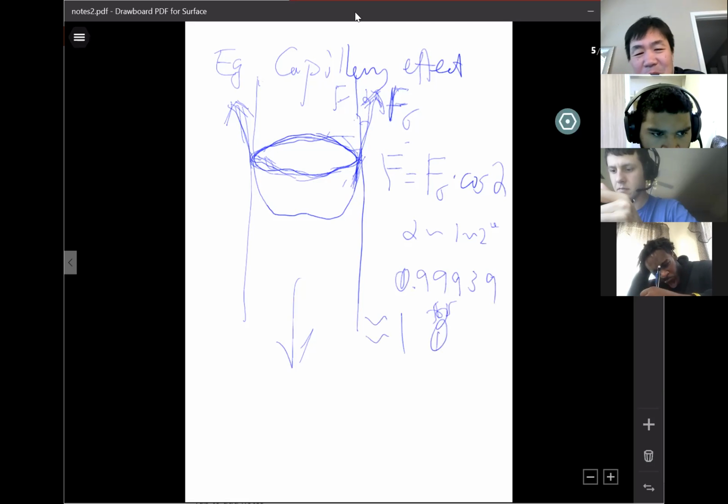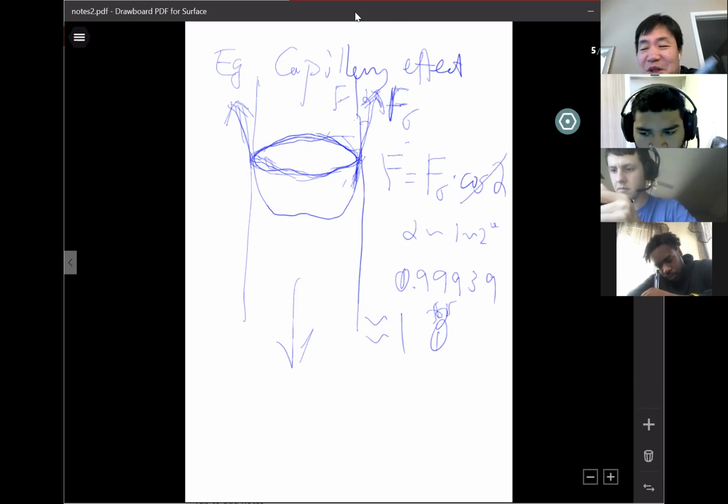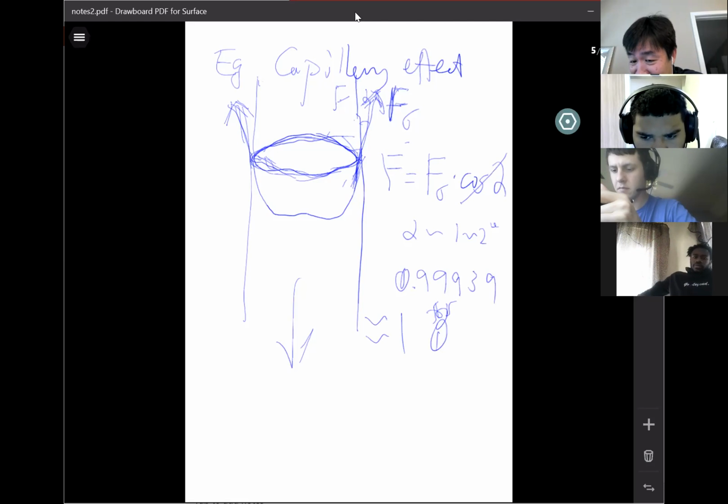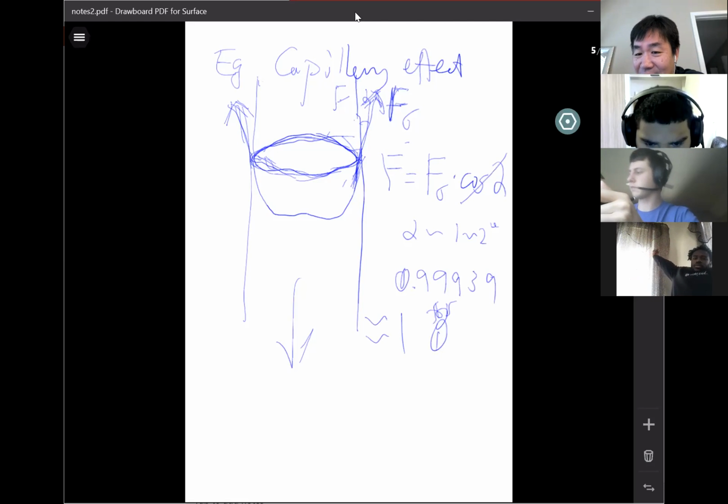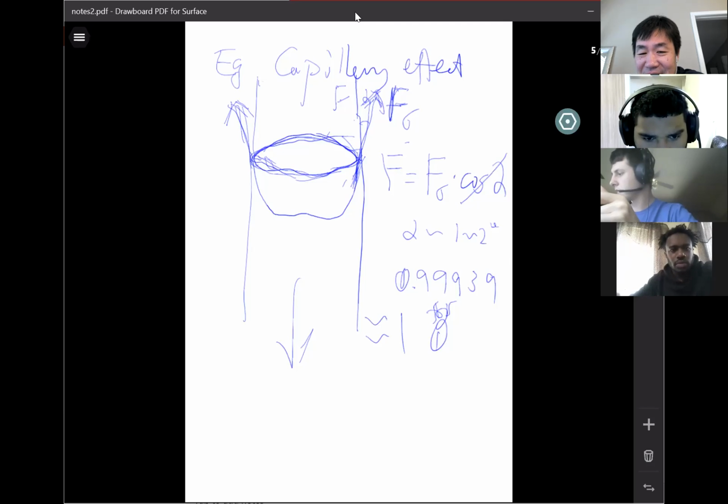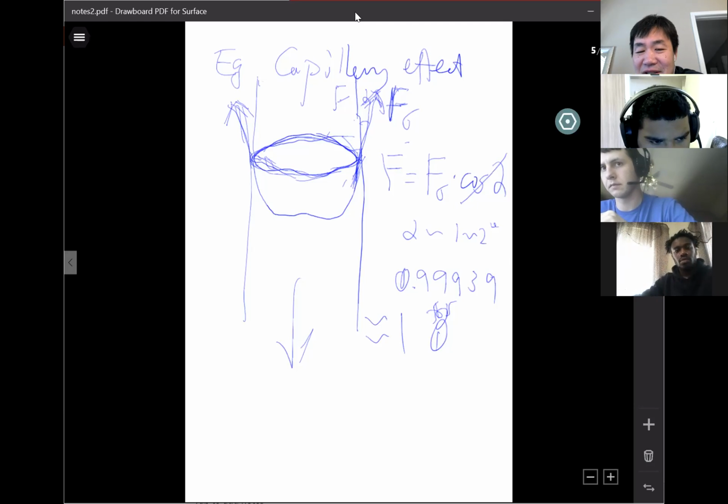Okay, so in that sense, if it's close to 1, then we can get rid of this. Let's just assume the surface tension is vertical. See, my assumption is strictly justified. So what's the cutoff on assuming how close it is? Let's say less than a 1,000th difference compared to 1.